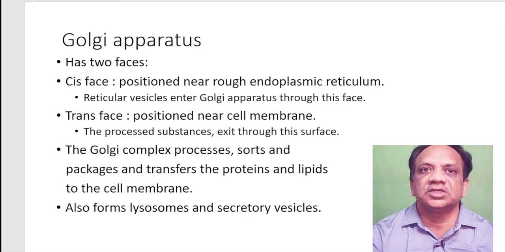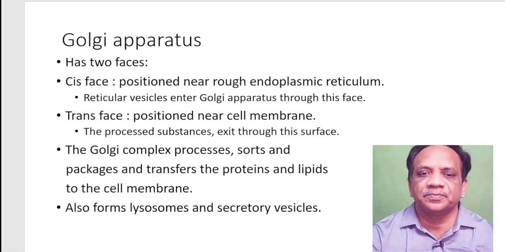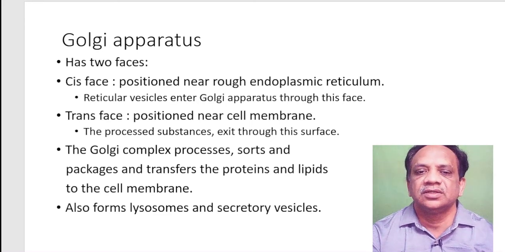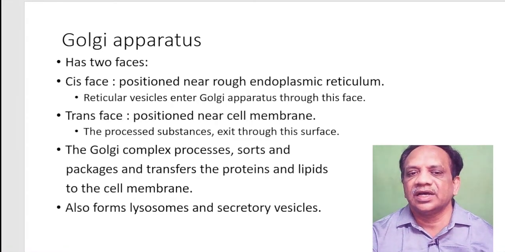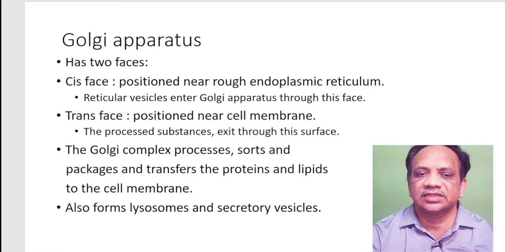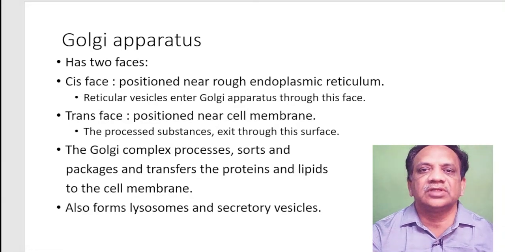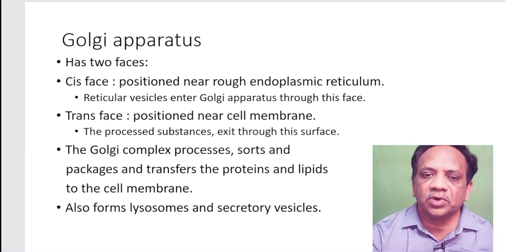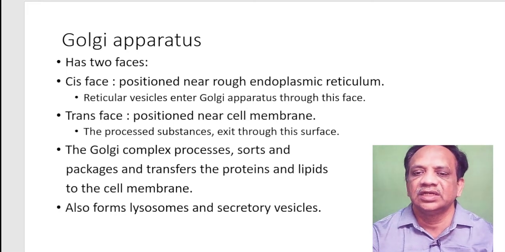The cis face is positioned near the rough endoplasmic reticulum because the reticular vesicles enter the Golgi apparatus through this face. The vesicles which are produced by the endoplasmic reticulum enter the Golgi apparatus. Then the trans face is positioned near the cell membrane, that is the plasmalemma, and the processed substances exit through this surface.